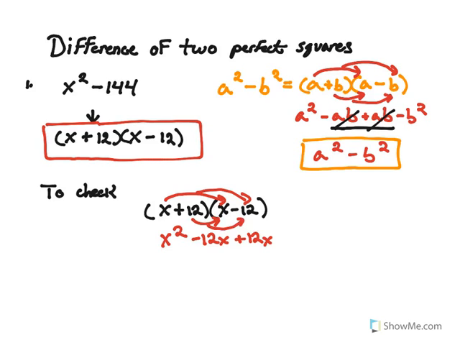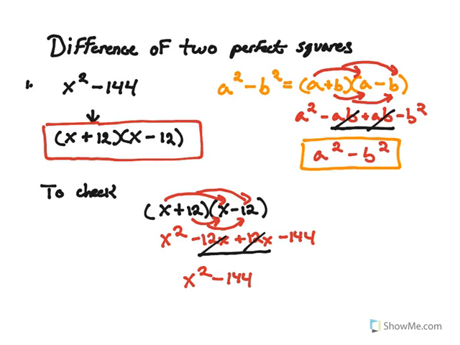And then 12 times minus 12 is minus 144. What happens to the minus 12x plus 12x? They cancel. So now you're left with x squared minus 144. And that is your answer. So it does verify.